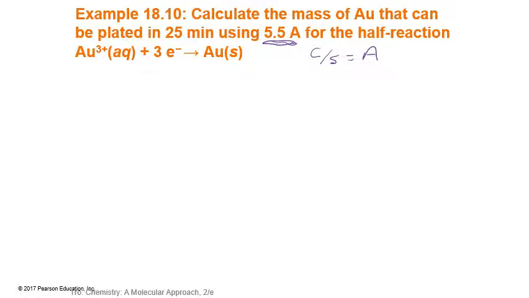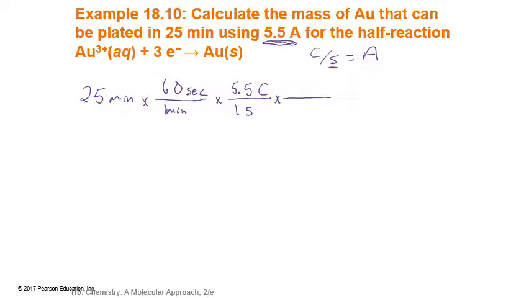So we're going to start with our 25 minutes. We have to change that into seconds because of the seconds in our amps. So 1 minute is 60 seconds. Now we can use the amps because we know for 1 second it is going to be our 5.5 coulombs.